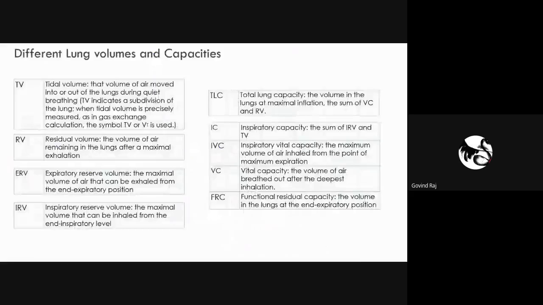Now, after normal breathing, when we forcefully inhale, the amount of air increases. That is shown by this peak. Here it is the inspiratory reserve volume plus tidal volume. For your understanding, IRV is the maximal volume that can be inhaled from the end-inspiratory level.